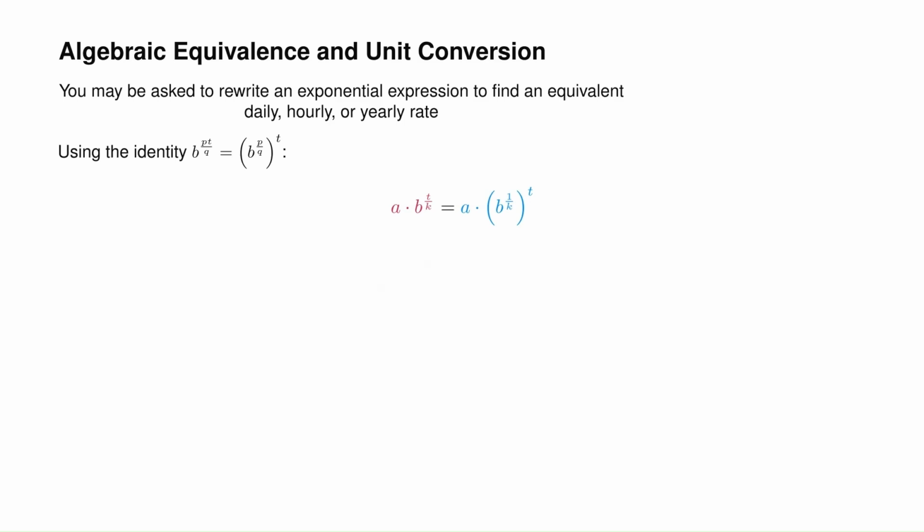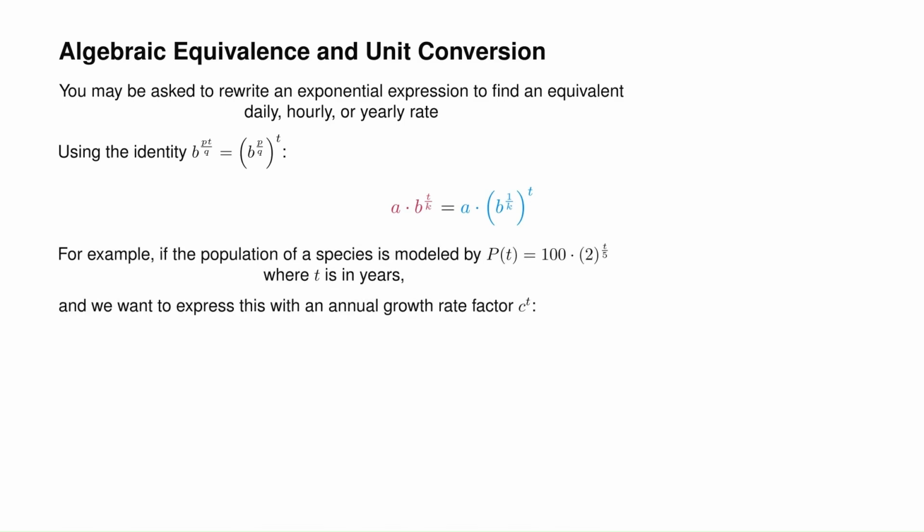Suppose the population of a species is modeled by the function p of t equals 100 times 2 to the power of t over 5, where t is measured in years. If we want to express this function with an annual growth rate factor, c to the power of t, we need to isolate the variable t in the exponent. By applying our algebraic identity, we can rewrite the expression as p of t equals 100 times 2 to the power of 1/5, to the power of t.